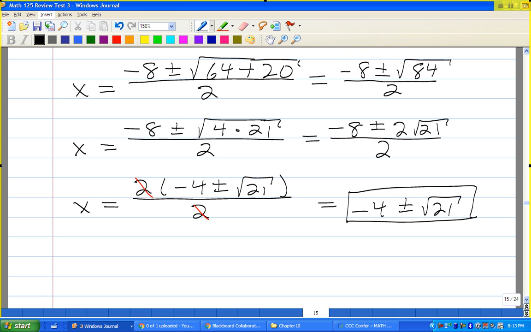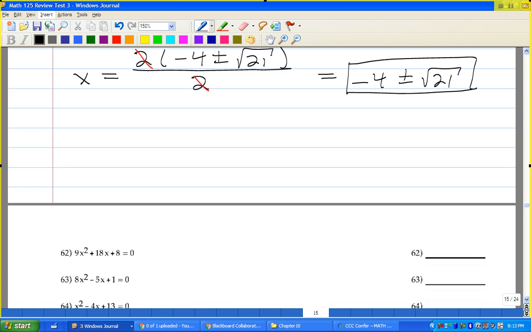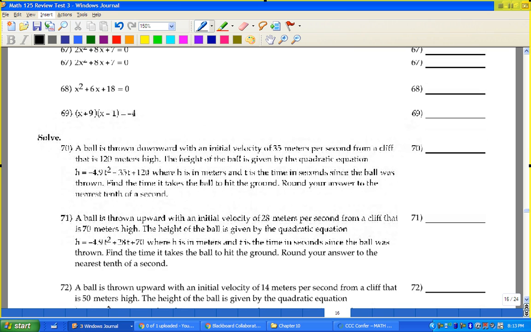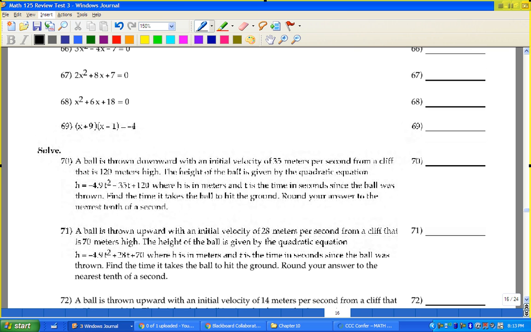Okay. Let me do problem number 70. A ball is thrown downward with initial velocity of 35 meters per second from a cliff that is 120 meters high.